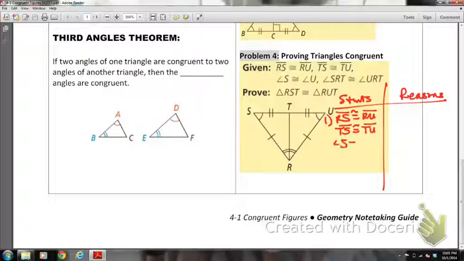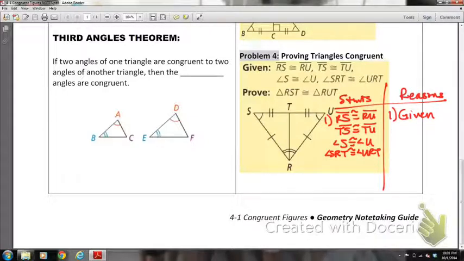Angle S is congruent to angle U, and angle SRT is congruent to angle URT. So all of that information is given to us. It's listed in the diagram and in the given information for the proof.